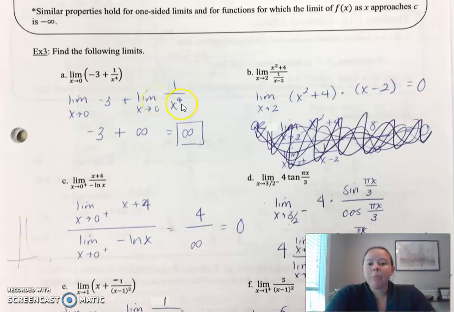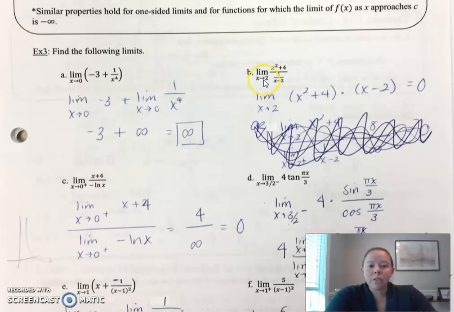I'll probably do some additional videos on these limits. So there's little notes I write off to the side to help me. But -3 plus infinity, well, that's just going to be infinity. And that's your answer. So technically, this limit does not exist, but we can give a descriptor by saying infinity.